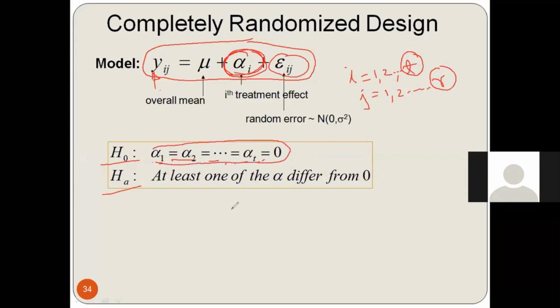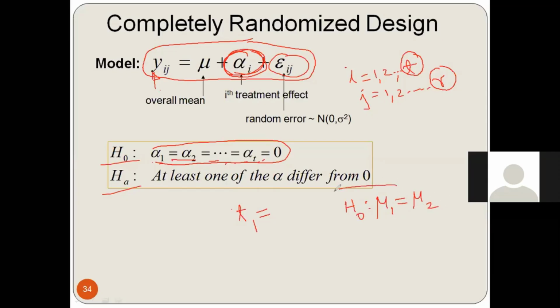Null hypothesis, let's say it's similar to the earlier one: T1 is equal to T2. Can you remember what our null hypothesis was in the pooled t-test? Mu1 equal to mu2.